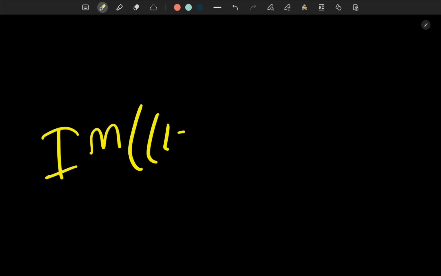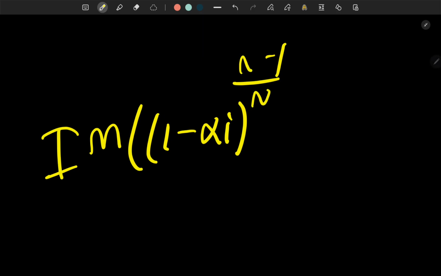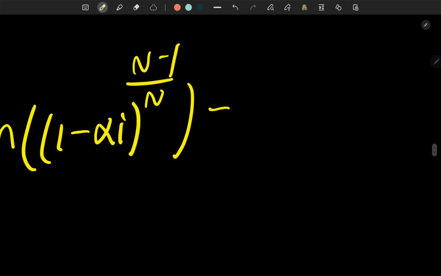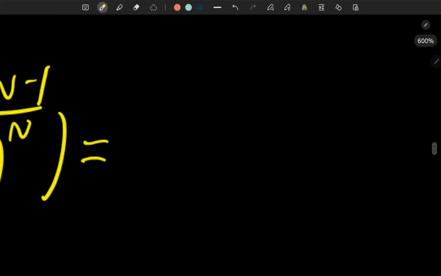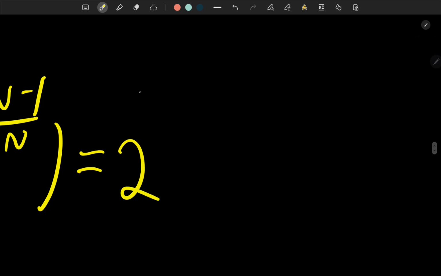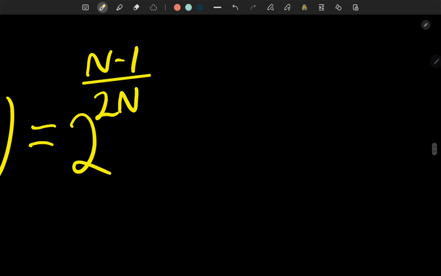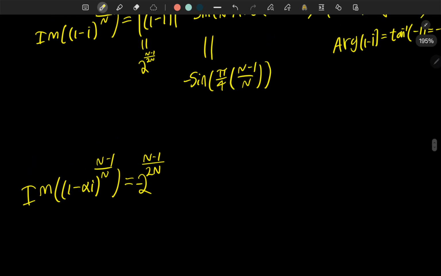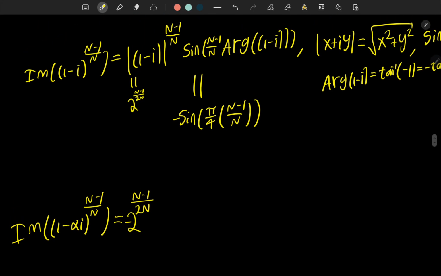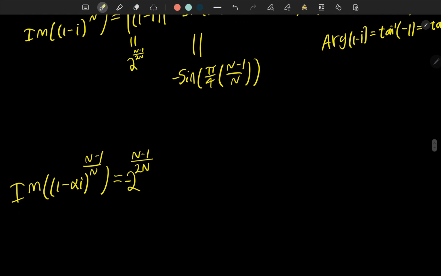So let's go ahead and put this all together. We have the imaginary part of 1 minus i to the n minus 1 over n is equal to 2 to the n minus 1 over 2n. Well, negative. If we remember, sine's an odd function, we get the negative outside.